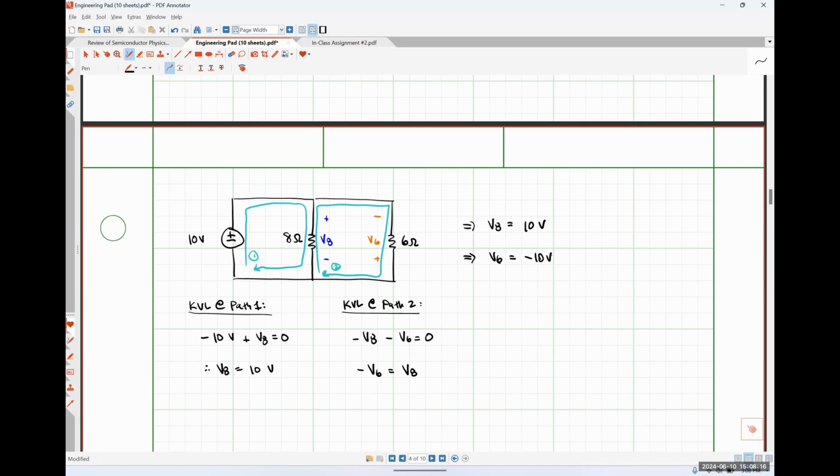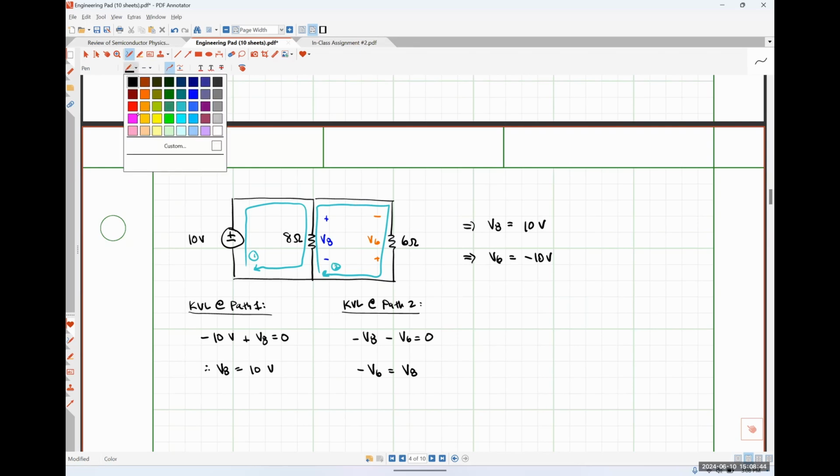So I got a little nervous there when somebody mentioned the current, because we can find currents here, but that's not really what's important. Let me erase these two. Actually, I'll leave those two paths there, just for the sake of argument. How are all of these elements connected to each other? Parallel. They're all in parallel, right?